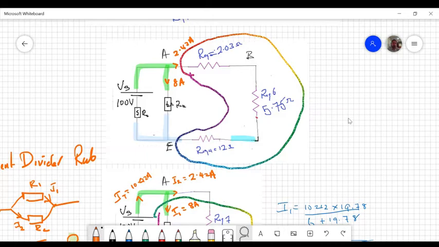So this voltage here, I'm going to call that V2, and that equals 2.42 times 5.75, and that equals 13.94 volts. Across this 12 ohms, same thing.